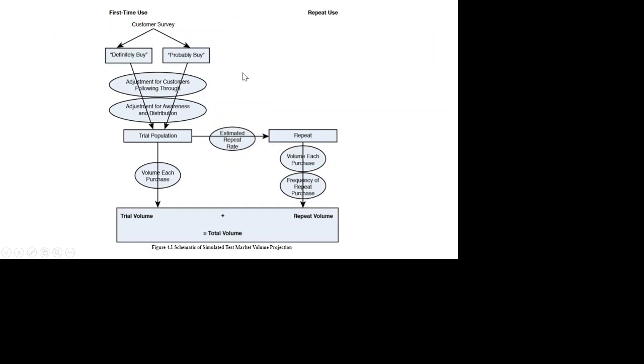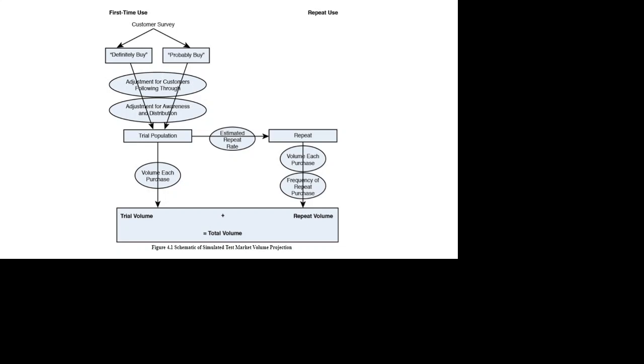So one thing you can do to kind of estimate trial volume is to do a survey. So ask people that have visited your website, for example, what are you thinking? What's the likelihood you're going to purchase from us on a scale of 1 to 5, with 5 being definitely buy and 1 being absolutely not.